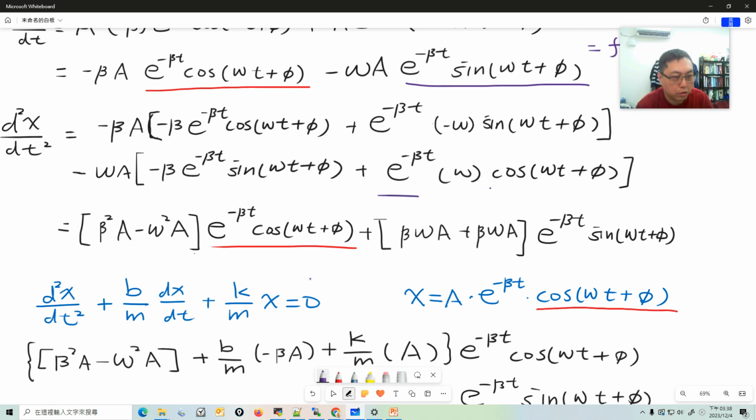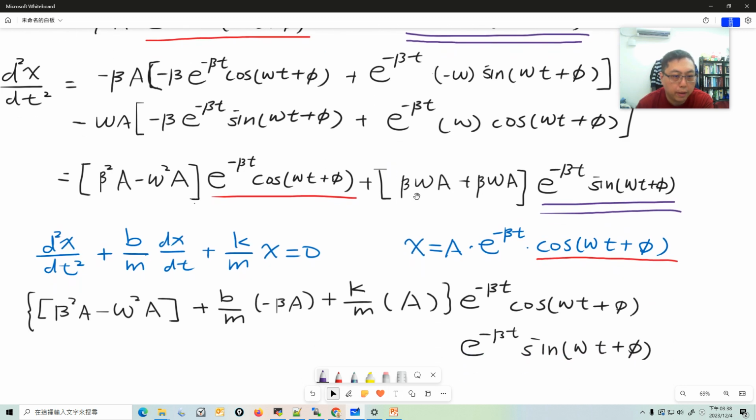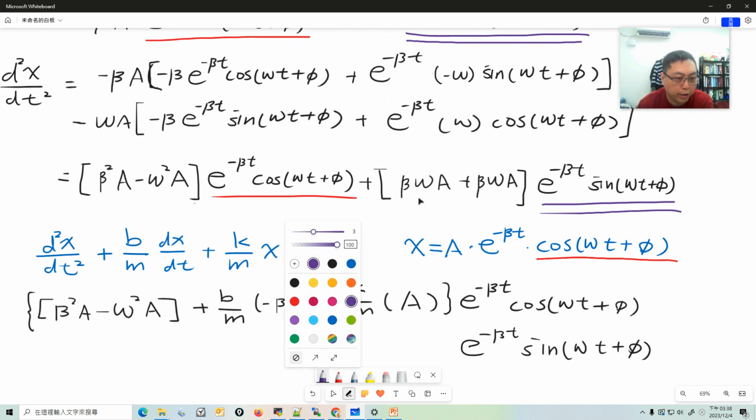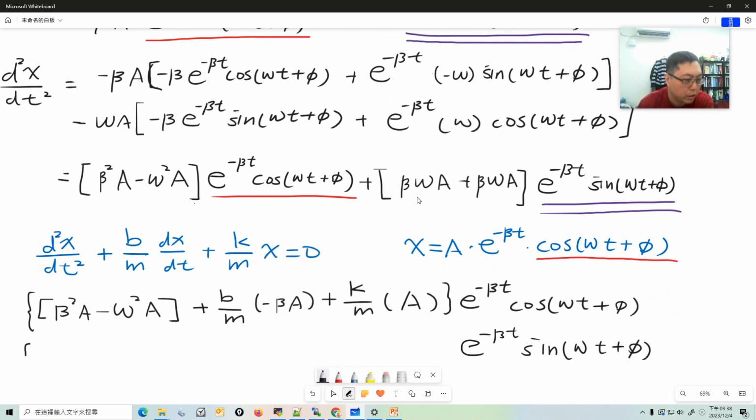Here is exponential minus beta t times sine. So let's put all this together. We have beta omega A plus beta omega A, that means 2 beta omega A, and plus b over m.